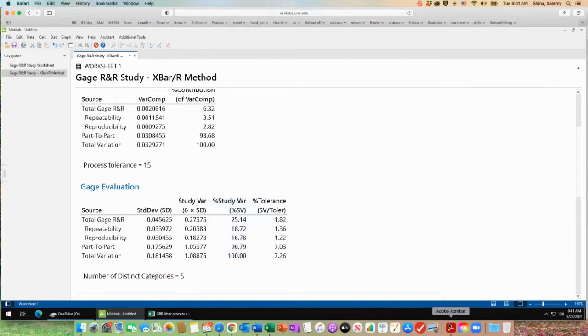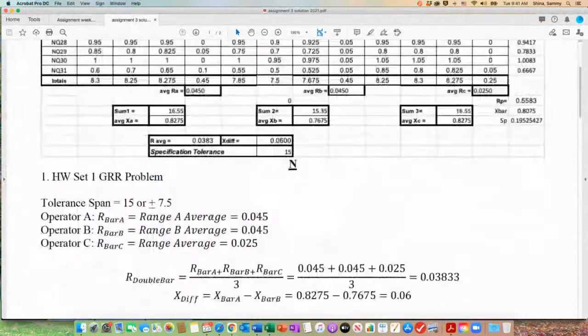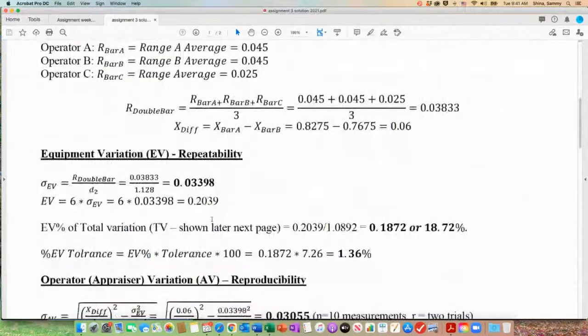So let's look back at our analysis, and there is our Sigma EV. It's 0.33, which is similar to what we've seen, and it's 136 for the total tolerance, 18.72 for the total variation.